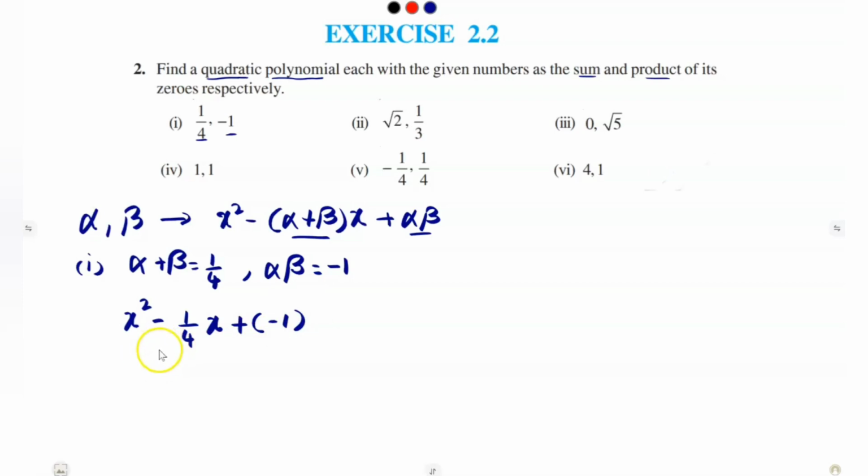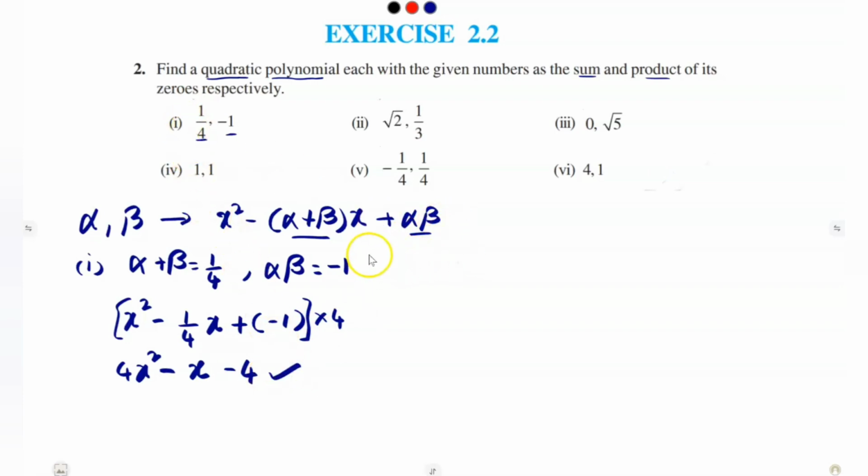Let us simplify this and put it in the general form, because we don't want a fraction in the middle term, let us multiply everything by 4. To remove this 4, we multiply the whole quadratic polynomial by 4. So 4 into x square, 4x square, minus 4 into 1 by 4 gives you just x, plus into minus is minus, 1 into 4 is minus 4. So this is the answer, the quadratic polynomial of the first question.